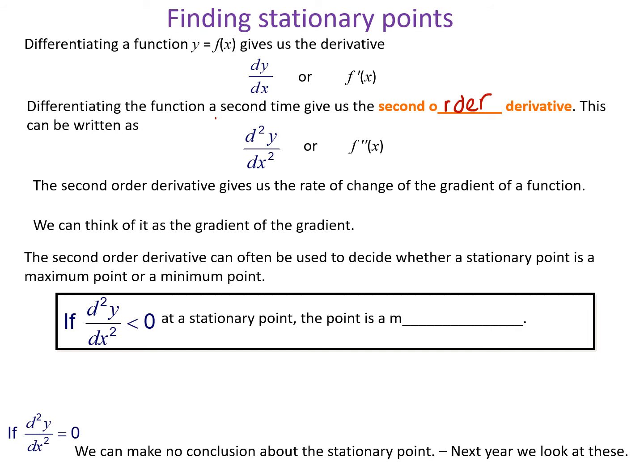The second order derivative can often be used to decide whether a point is maximum or minimum. Now I'll explain this in a minute, but if d2y by dx squared is less than 0, then the point is a maximum.